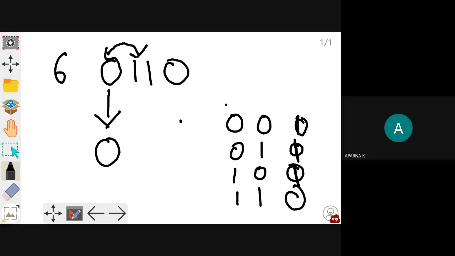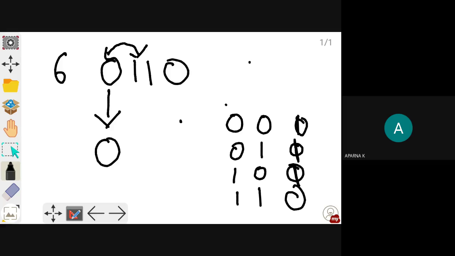So, to convert a binary number to gray code, first write the first digit as it is, then perform the XOR operation for the first bit, the most significant bit 0, and the second bit 1. What is 0 and 1? 1.